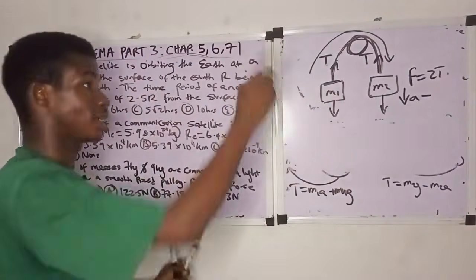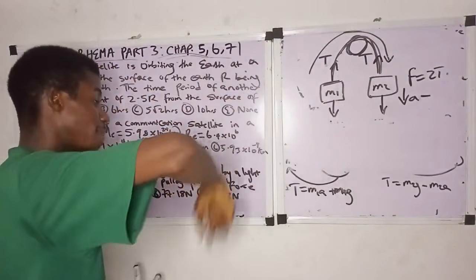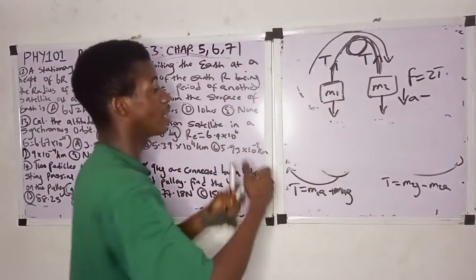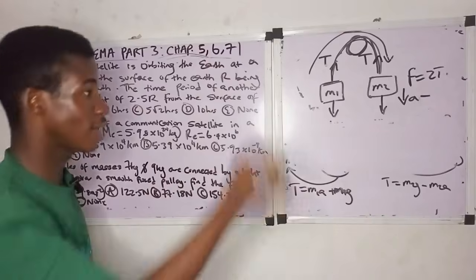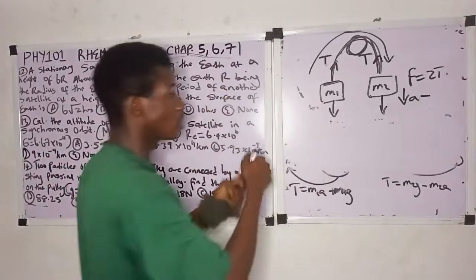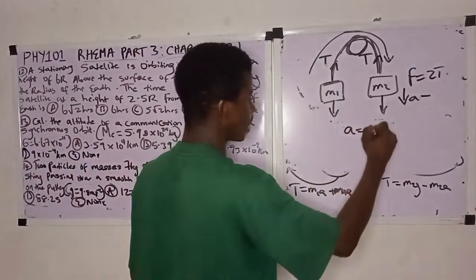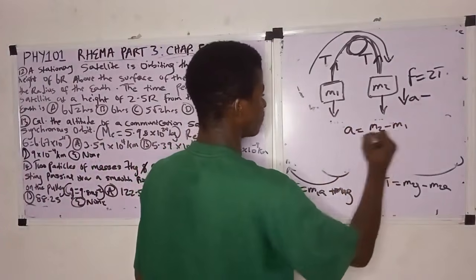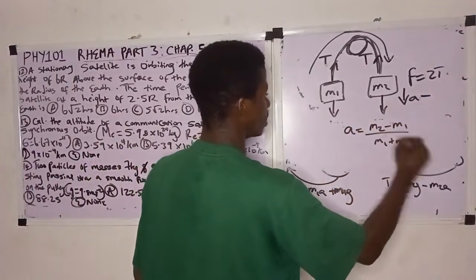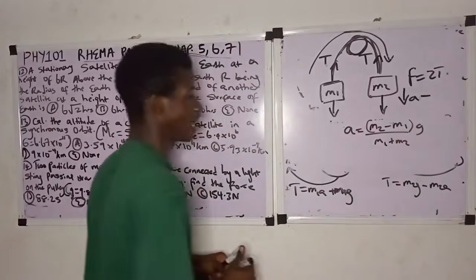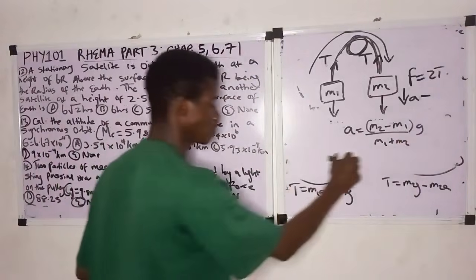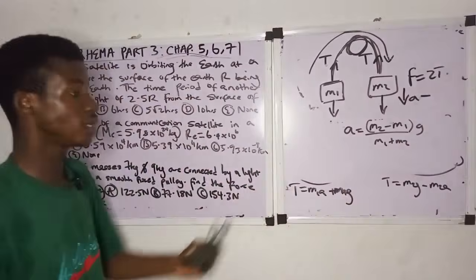When two masses are connected together by a string, the common acceleration is A equals m2 minus m1 divided by m1 plus m2, then multiplied by g. So let's look for the acceleration first.